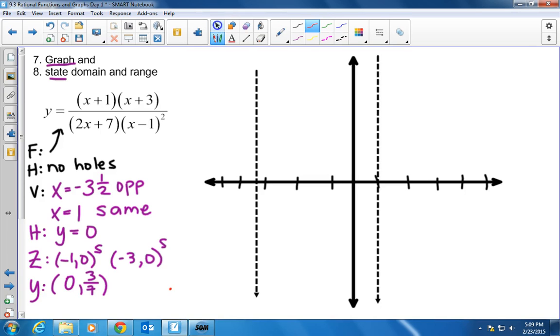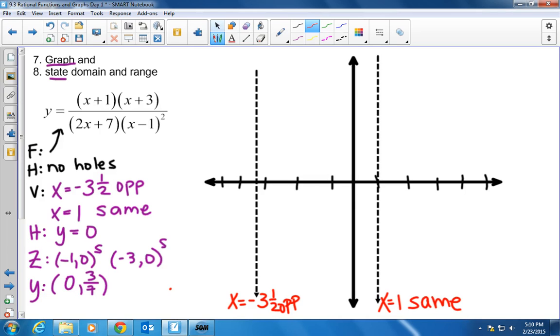So for our negative 3.5, this was opposite behavior. Notice I am labeling everything, and if you want full credit on your tests, quizzes and homework, you have to label your vertical asymptotes in addition to the behavior. And this is x equals 1, and x equals 1 has same behavior.